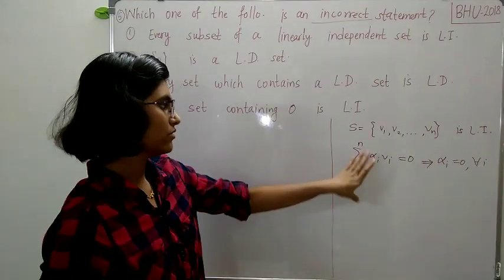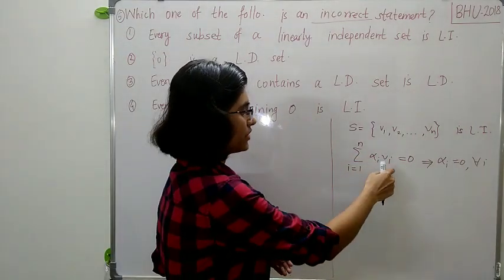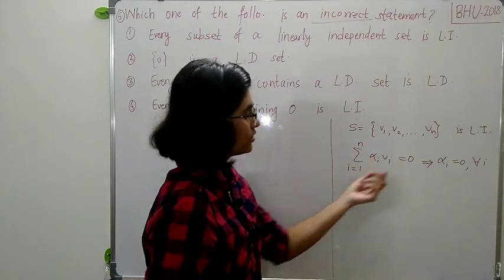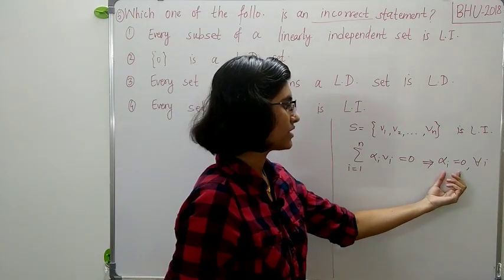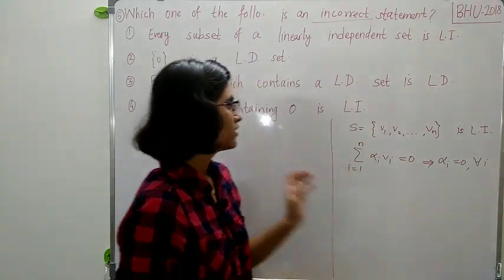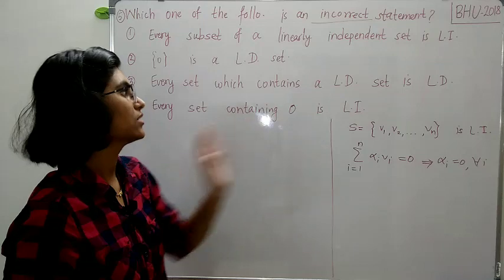So suppose the scalar combination alpha 1 v1 plus alpha 2 v2 up to alpha n vn is equal to 0, then we must have all the scalars alpha i equal to 0. So this is the definition of a linearly independent set.